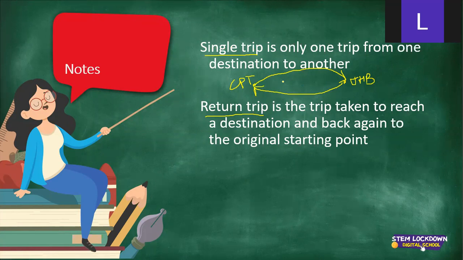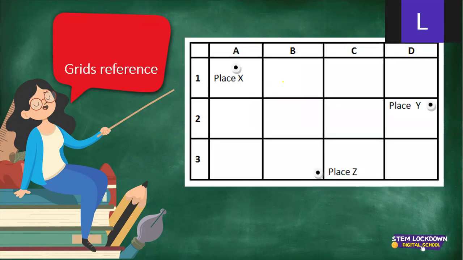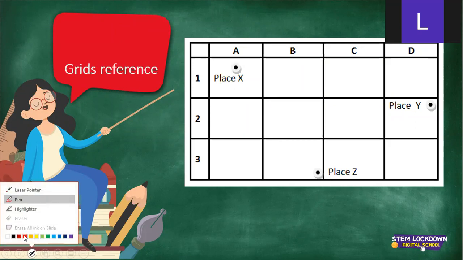Now let us look at grid references. When I say grid reference, I basically mean where a certain person or item or object or place is located on your map using grids. Let me use red.